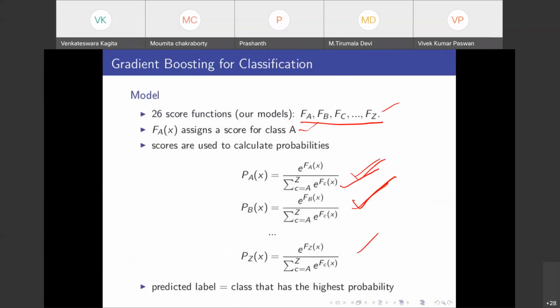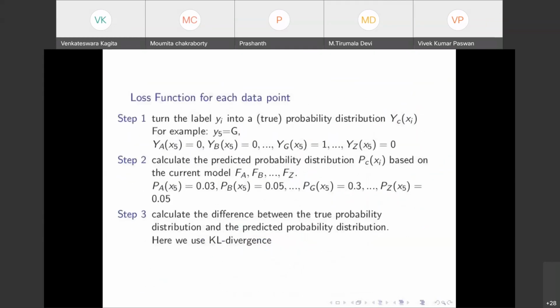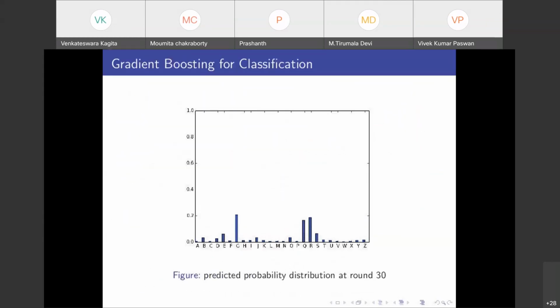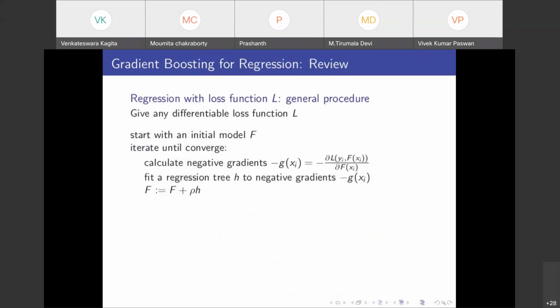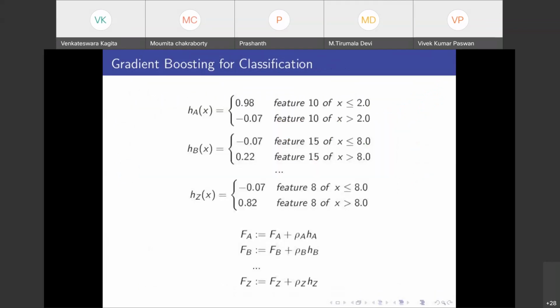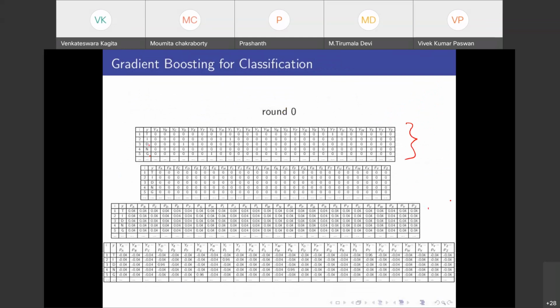Yes, this one. So using this, you can compute the probabilities. As the scores are equal, we have got the probabilities also equal. All the entries are 0.04.